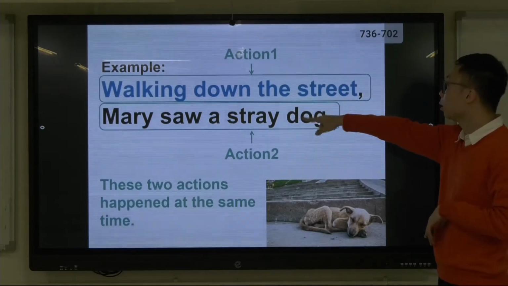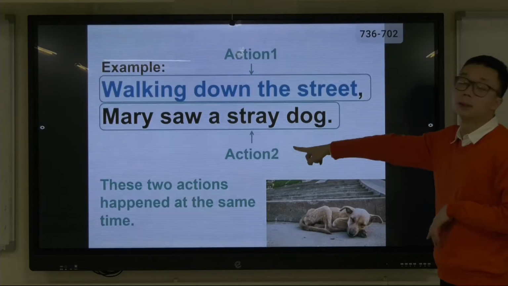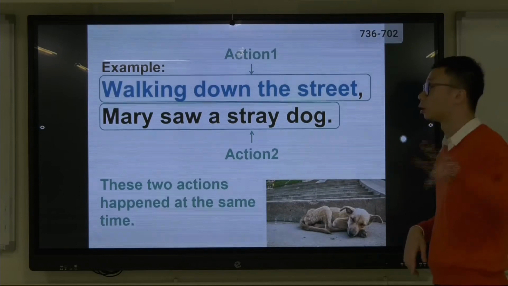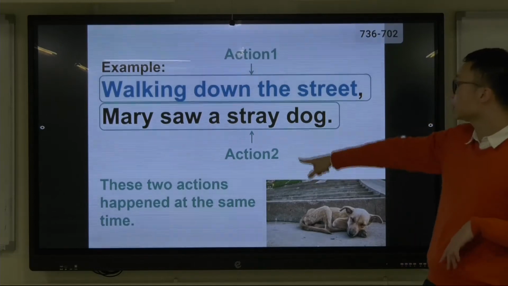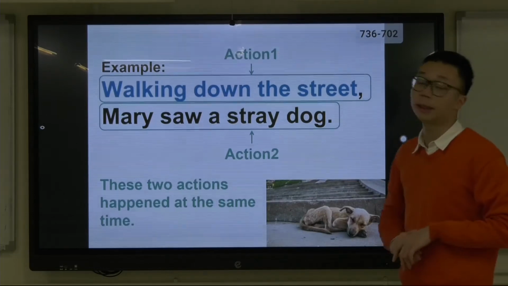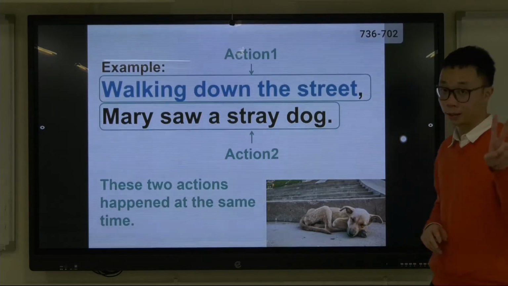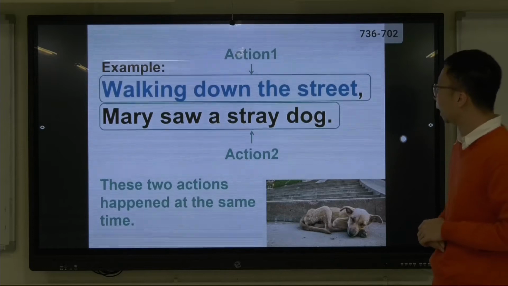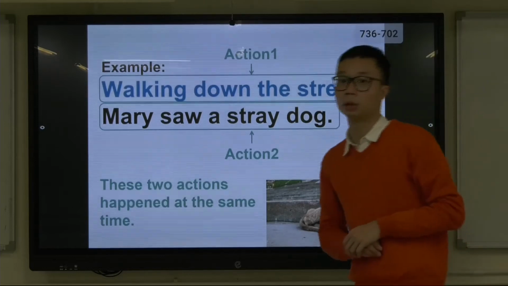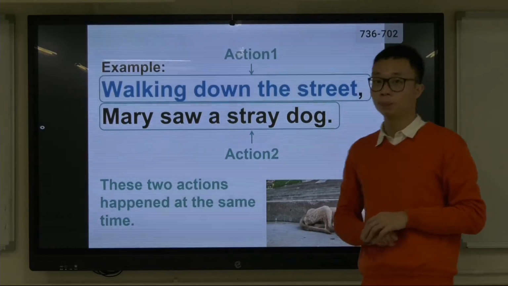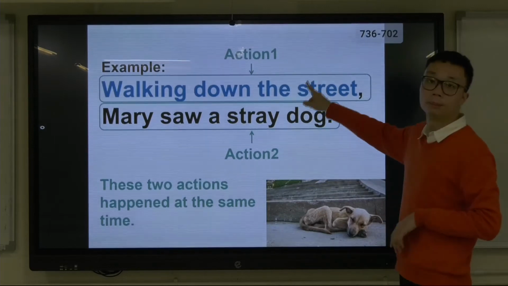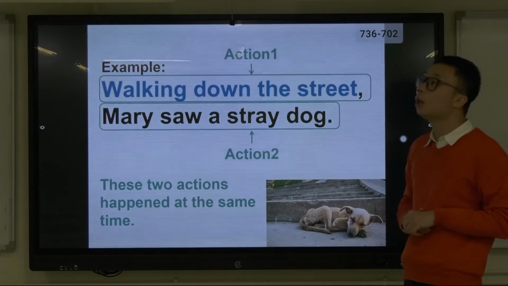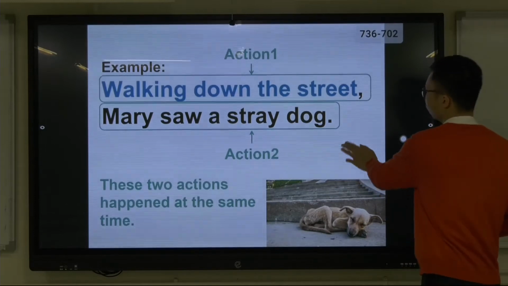Mary saw a stray dog, the part in black, is action 2, 第二個動作. Both actions happen at the same time. 兩個動作係同時間發生，係 Mary 行緊條街，然後望到一隻嘅流浪狗。So in this case, both happen at the same time. That's why we use the present participle phrase.